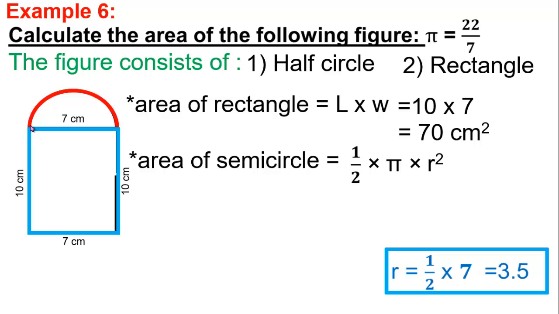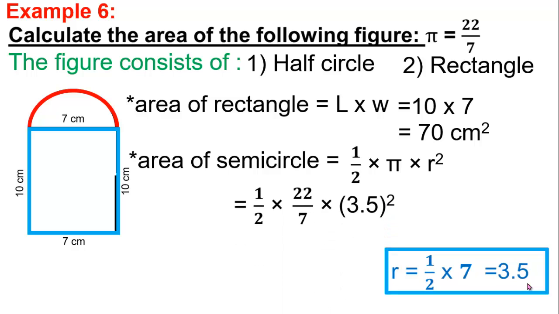I don't have the r, but I know that my diameter is equal to 7 centimeters. So I'm going to calculate the radius by making half times 7, which is equal to 3.5. So now my radius is equal to 3.5. Let's go back to the area of the semicircle.